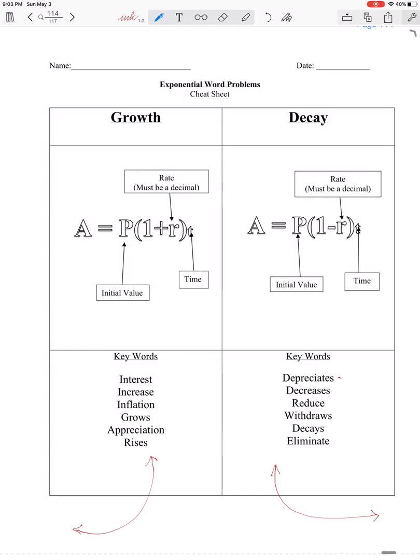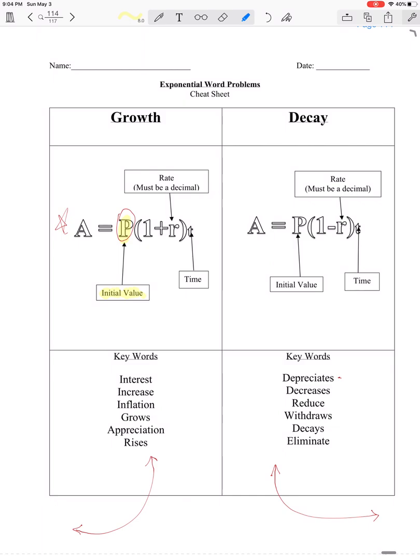So now let's take a look at the exponential formulas for growth and decay. If you look at growth, we have right here, A equals P parentheses 1 plus R to the T power. So P is going to be your initial value. What that means is that's the number that you originally started with. So for example, if we're talking about a bank account, your P would be the amount of money that you begin with before you started earning interest.